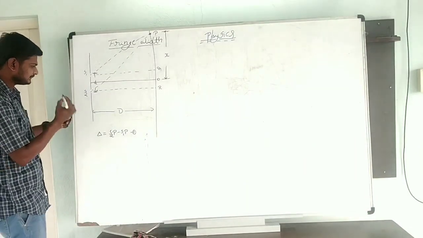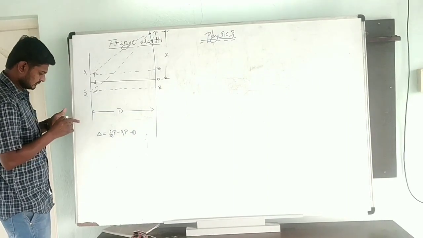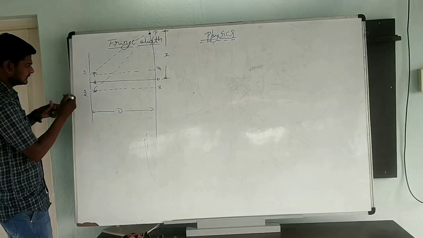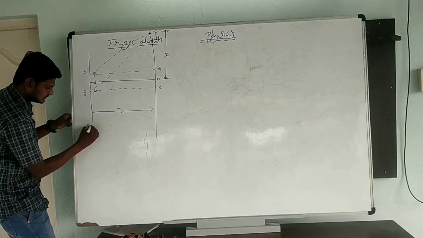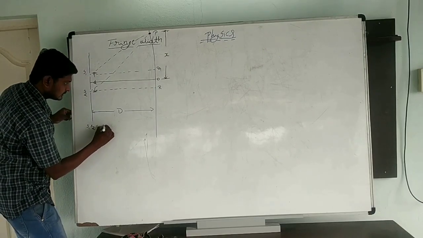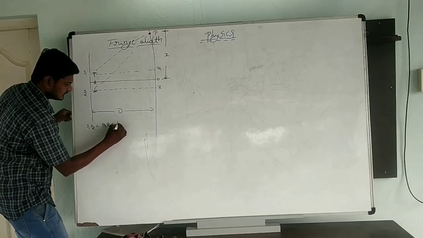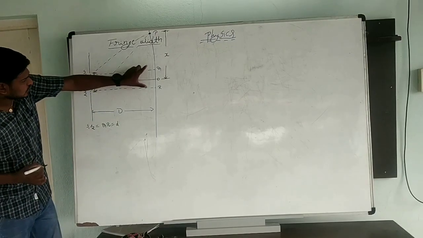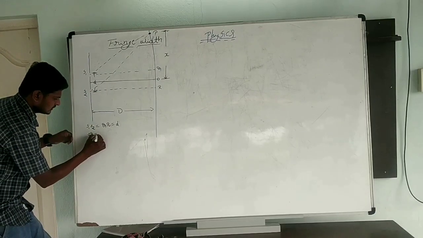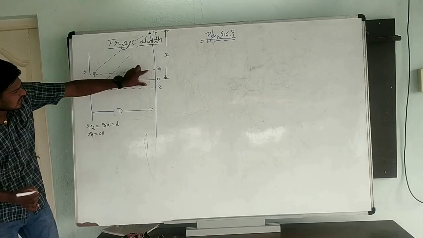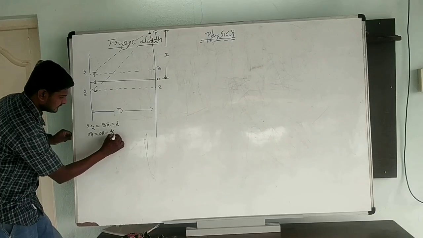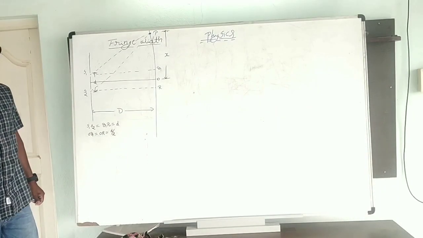Here we can write S1S2 means QR, which is d. When QR is d, OQ and OR are d by 2, half of d.